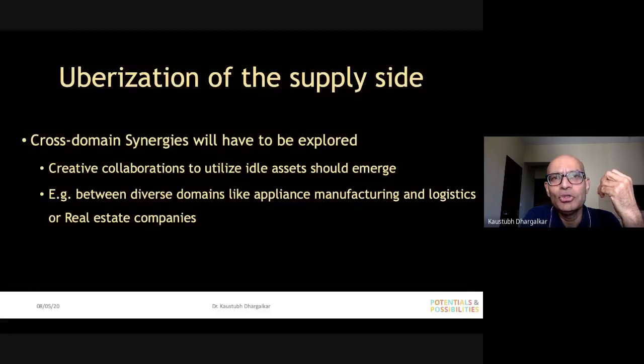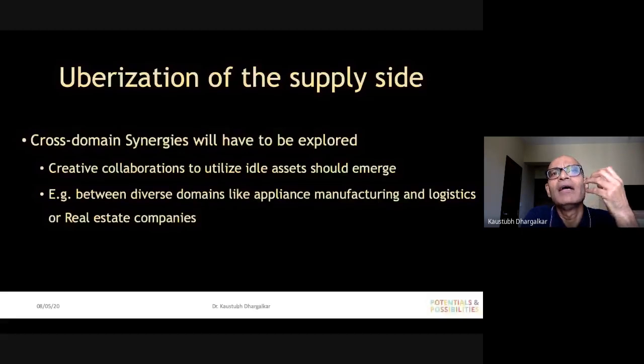Now, by virtue of being a logistics company, the logistics partner has access to large warehouses across various parts of the world. And they probably will be lying idle for some time in the coming future.